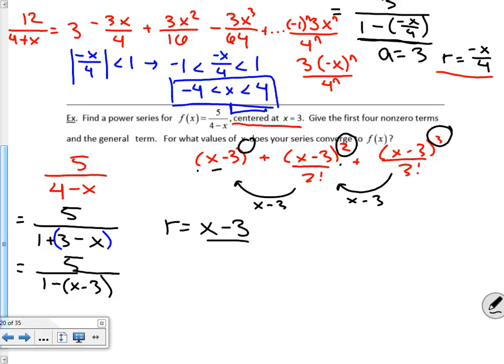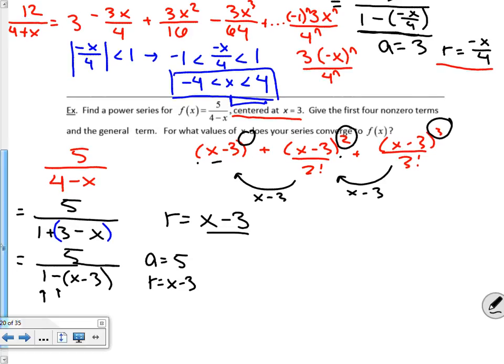Now, if we compare that to our sum of an infinite series, I have a negative here, and I have a 1 right here. So this is all the information I need to write my infinite geometric series, with a equal to 5 and r equal to x minus 3.